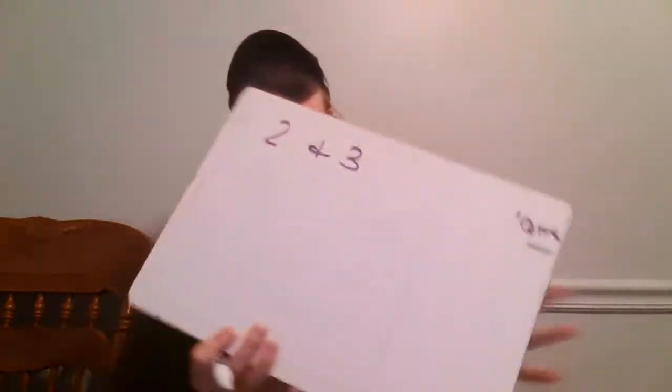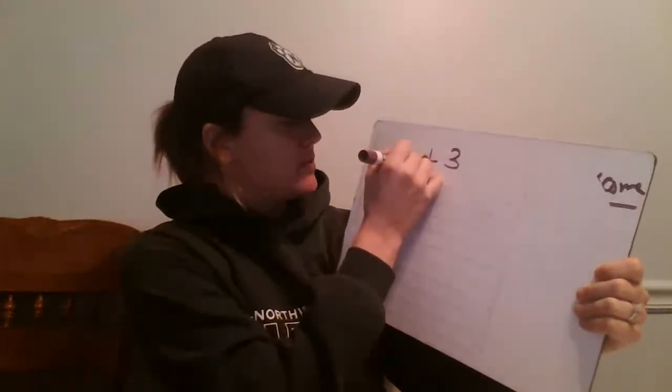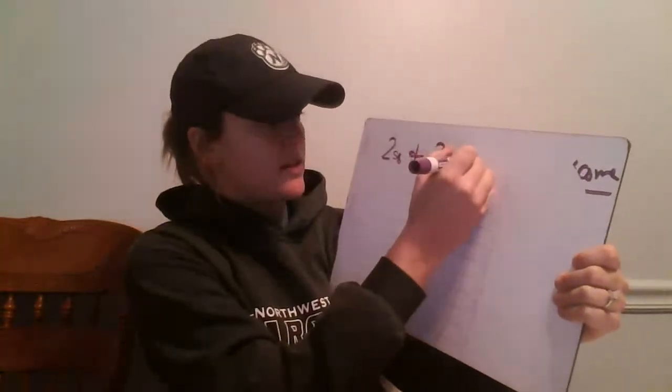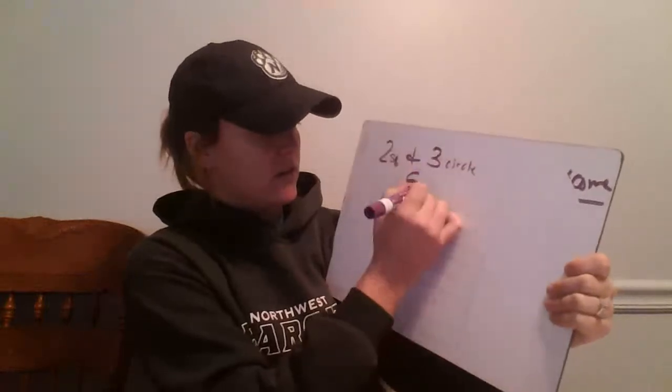Because the first one does affect the second one. So she has two squares and 3 circles, so there are 5 shapes all together.